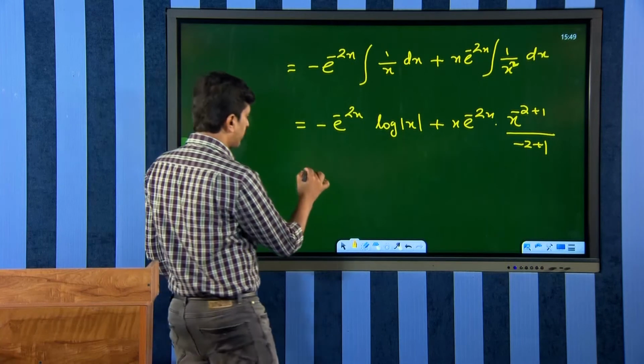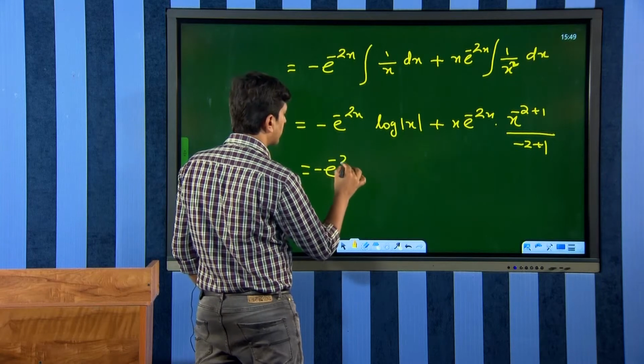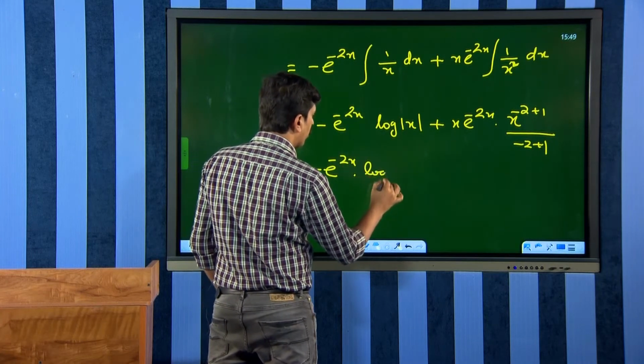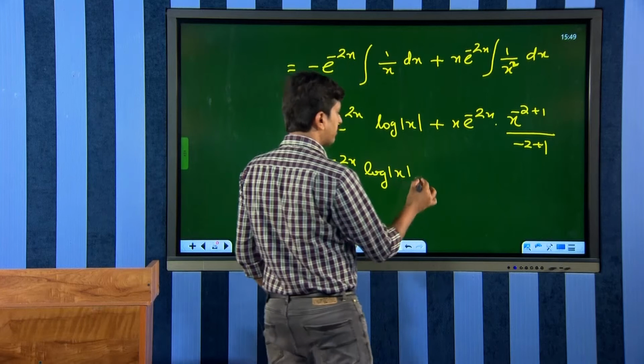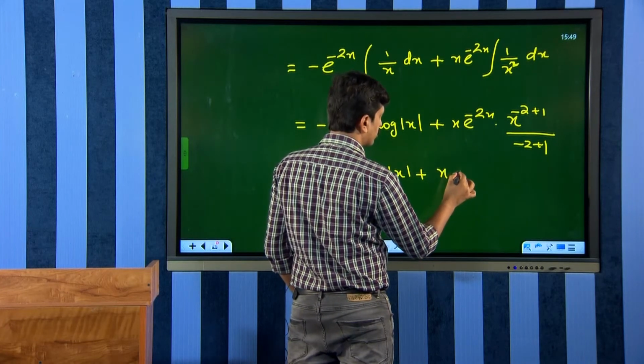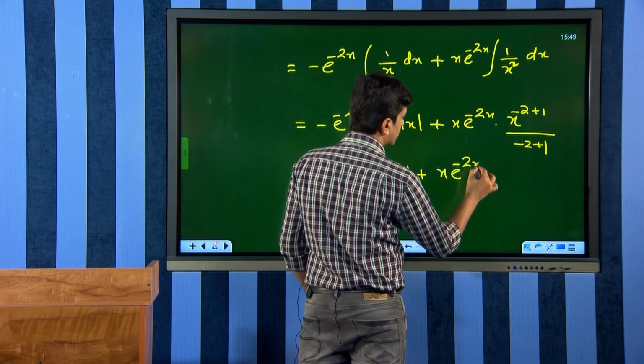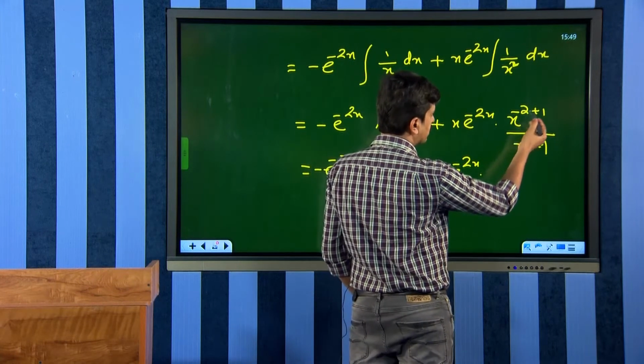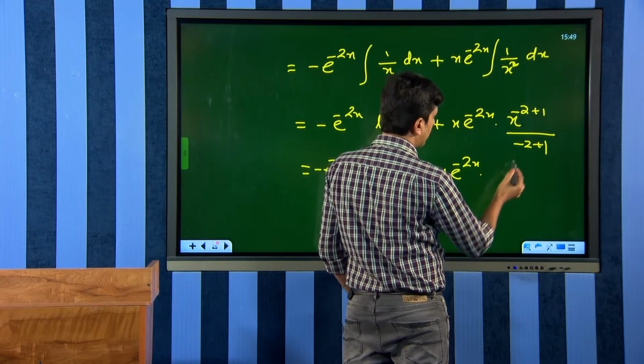Therefore, finally we have minus e raised to minus 2x times log mod x plus x e raised to minus 2x times x raised to minus 1 divided by minus 1.